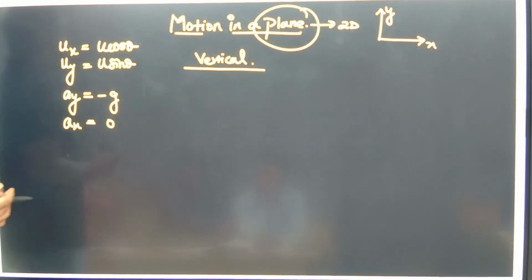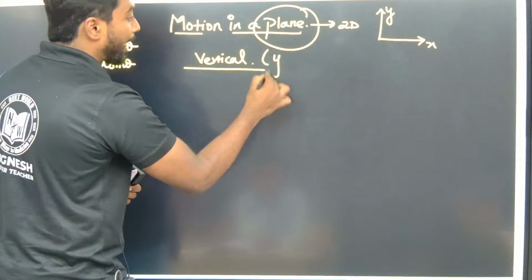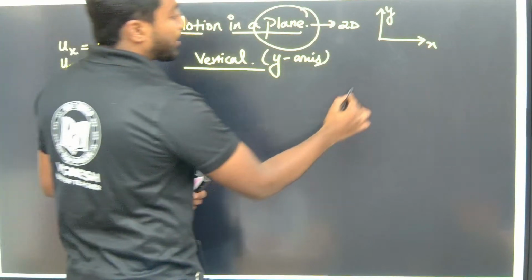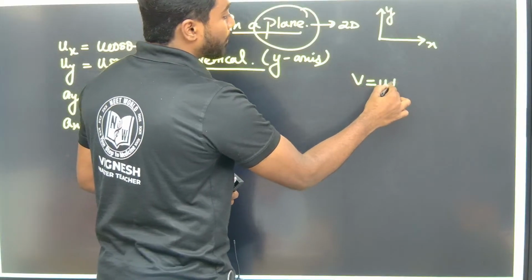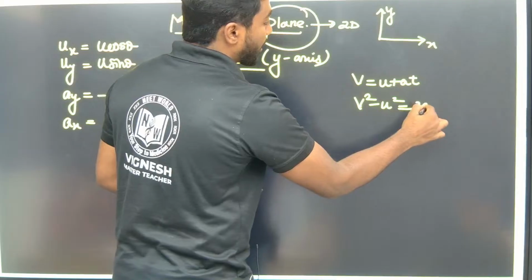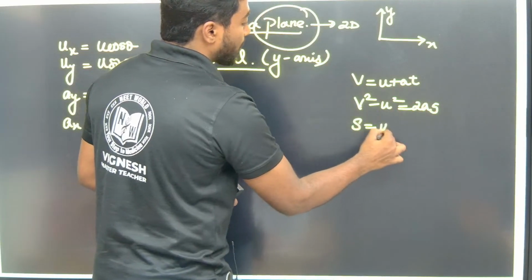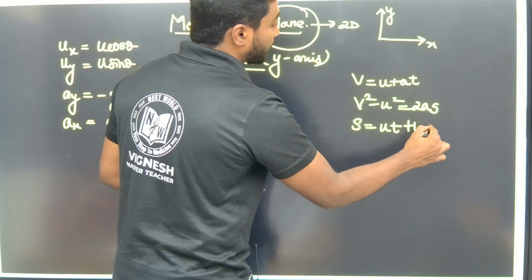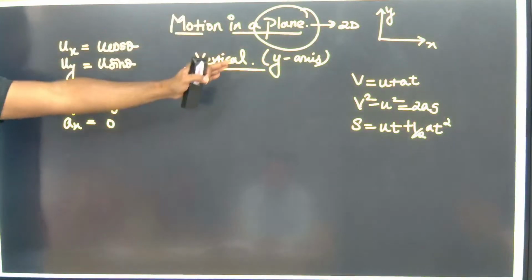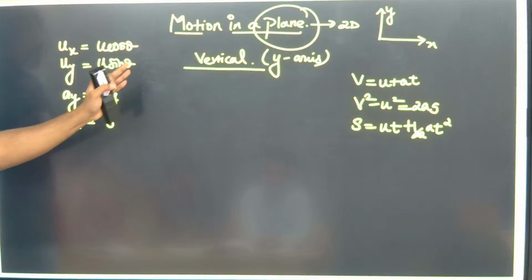The vertical component is along the y axis. So what are the equations we know? v equals u plus at, v square minus u square equals 2as, and s equals ut plus half at square. Whatever the equation is, I will take it in terms of y.